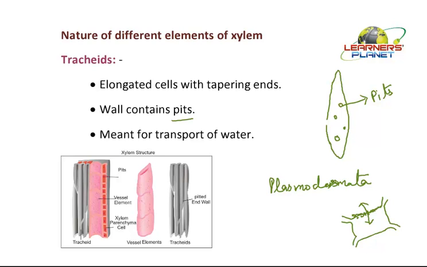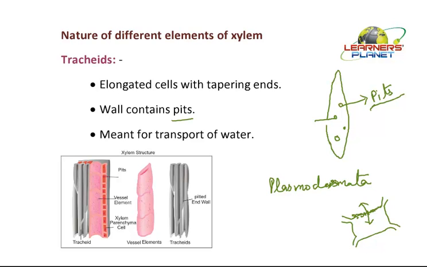So in the case of tracheids, pits are equivalent to the plasmodesmata. We can say these are the non-lignified parts at the site where the plasmodesmata were present in the original cell wall. Therefore the pits are formed in the case of xylem tissue.